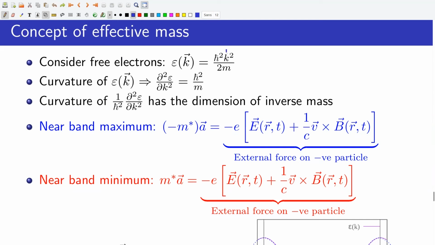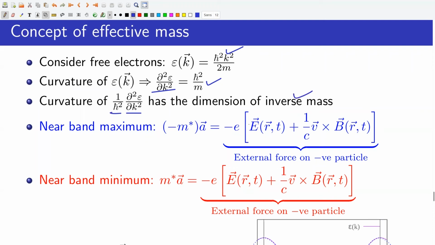E(k) is equal to ħ²k² divided by 2m. The curvature of the E(k) curve for a free electron is equal to ħ² divided by m. The curvature is given by the second derivative of the E(k) curve with respect to k. Thus, 1 by ħ² times the curvature has the dimension of inverse mass.